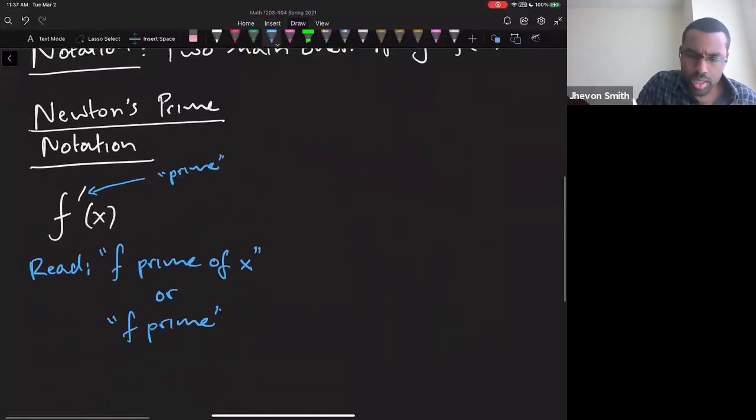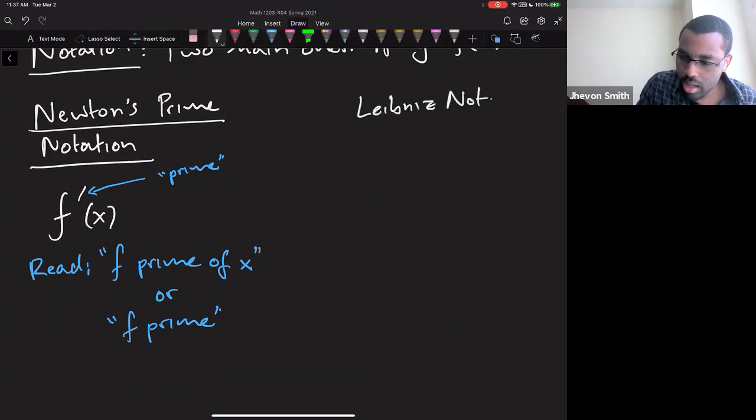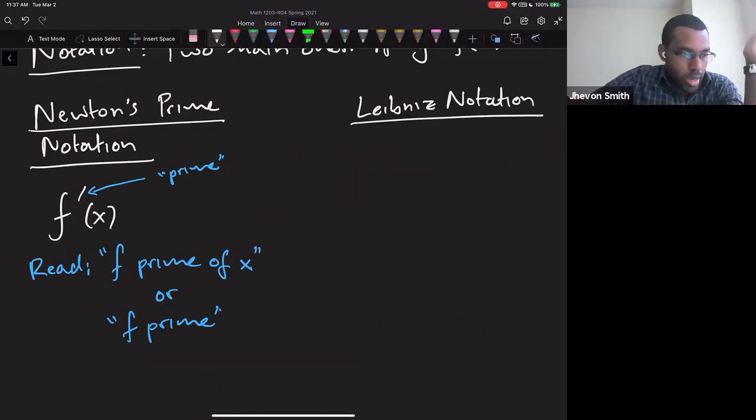There is another notation. This is called the Leibniz notation. So remember I told you calculus in different incarnations, we've been doing it for millennia, right? But Newton and Leibniz, these were the guys, around 300 years ago that really made it into a cohesive theory, a kind of study that we do today.